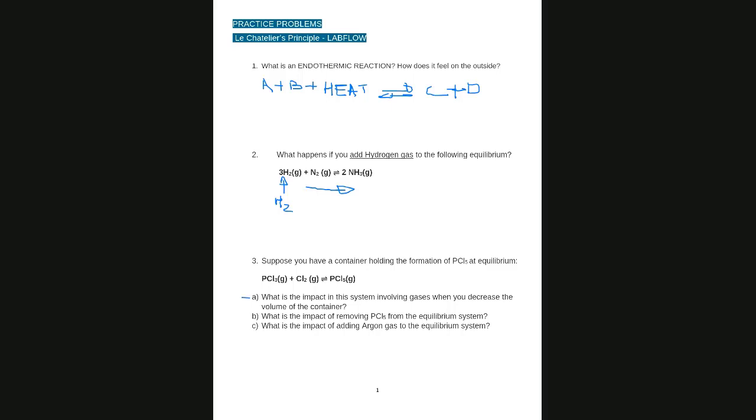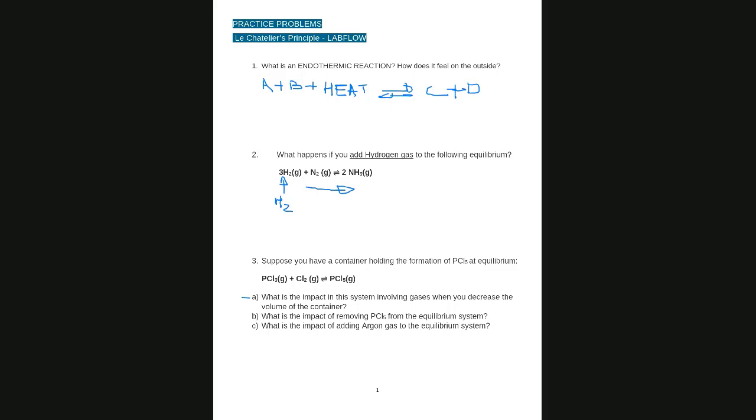The first question: what is the impact in the system involving gases when you decrease the volume of the container? This is important. When you have a gaseous system, you can disturb the system by changing the overall pressure.